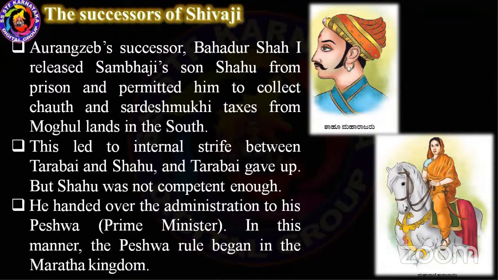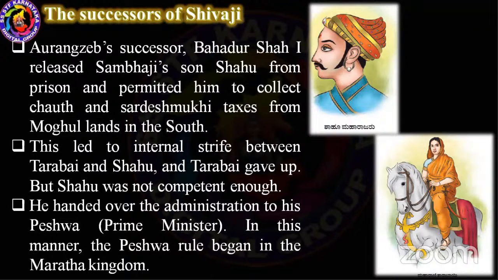Later on also, Tarabai didn't get a successor. She brought the administration into the hands of Shahu. Here, Shahu handed over the administration to his Peshwa, the Prime Minister. In this manner, the Peshwa rule began in the Maratha kingdom.